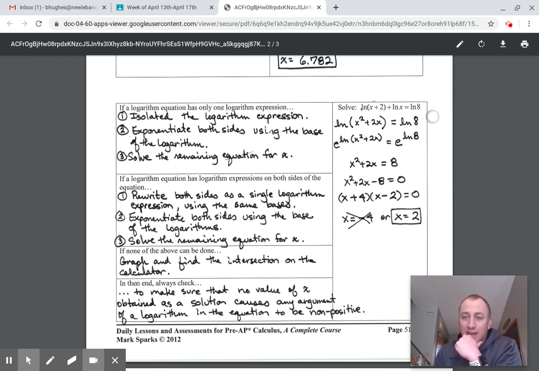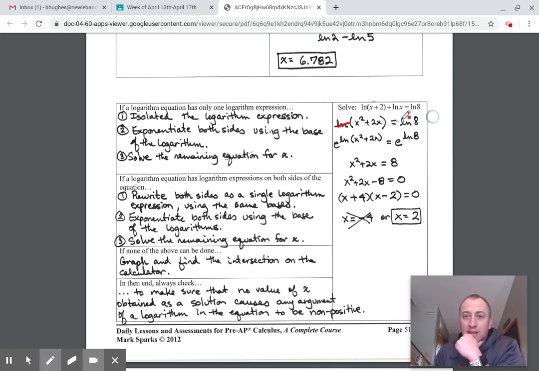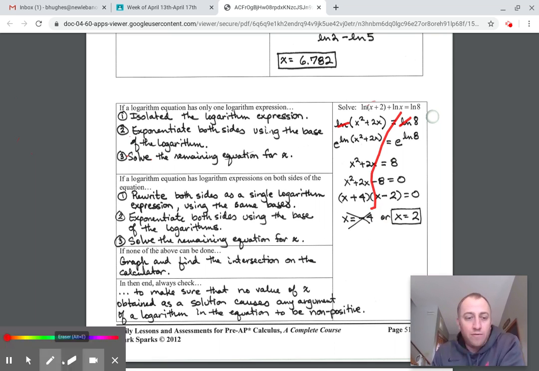If that's the case, then all you would have to do is basically set the arguments equal to each other. x squared plus 2x is equal to 8 in this case. So then it just turns into a quadratic equation. And then solving it, the negative answer right here, we could not use, because if you plug the negative in right there, you'd be taking the natural log of a negative number. So that would not be one of our solutions.